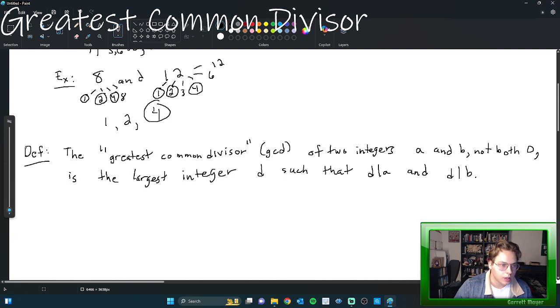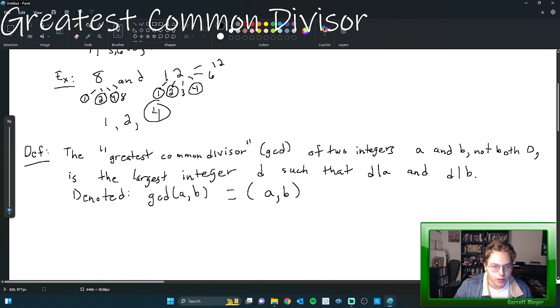And this is denoted the GCD of A and B, or in number theory we'll just use this ordered pair, because now this is used in real analysis for an ordered pair on a graph, but this is completely different.